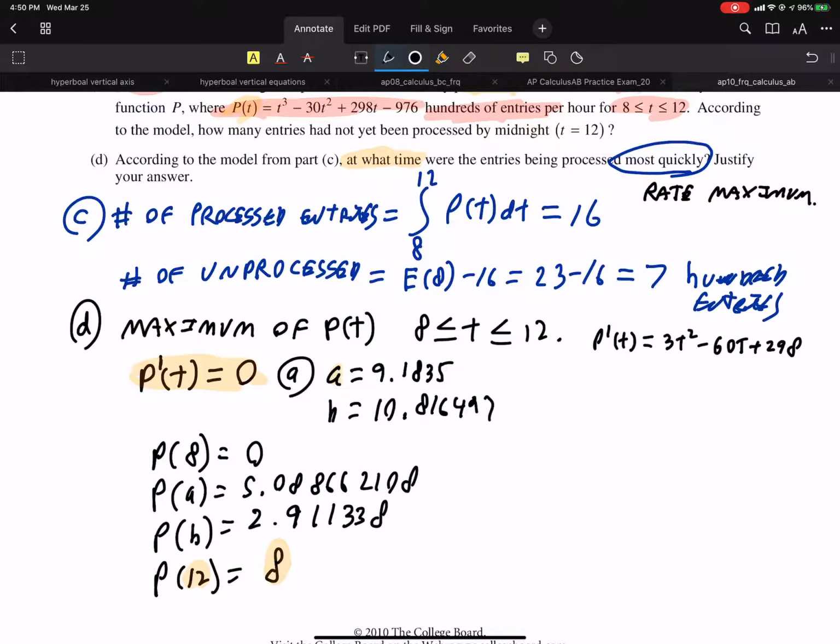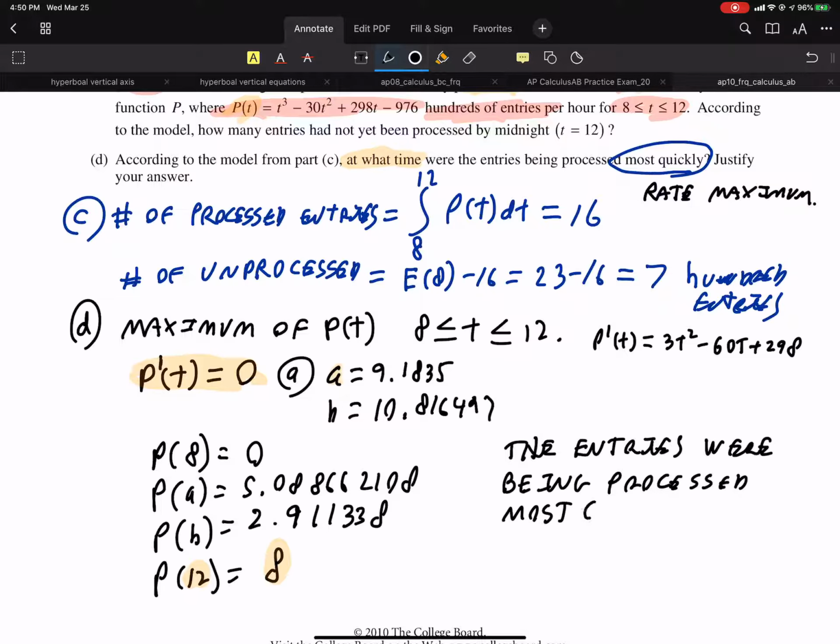So the entries were being processed most quickly at t equals 12. Done. That took a while.